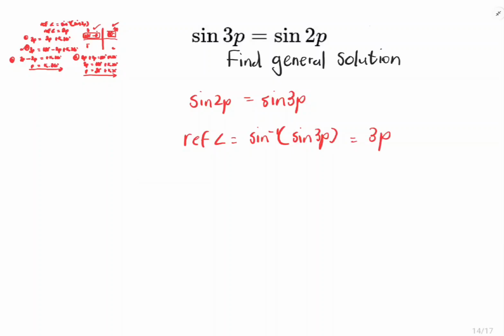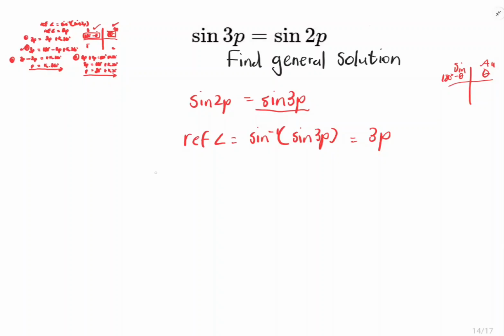And then referring back to our CAST diagram, we know that sine belongs to all quadrants because all trig ratios belong there, and sine belongs to its quadrant indeed. So it's going to be 180 degrees minus angle and angle over there.